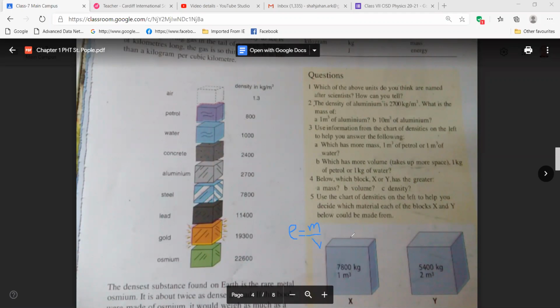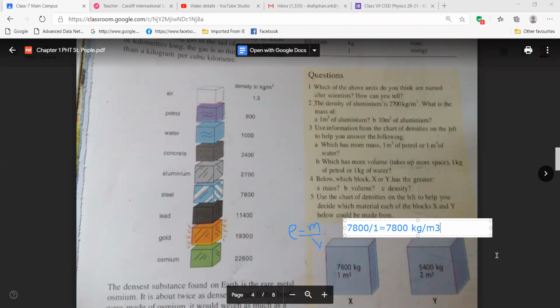So for the first one we have 7800 kg divided by 1 meter cube, giving 7800 kg per meter cube.